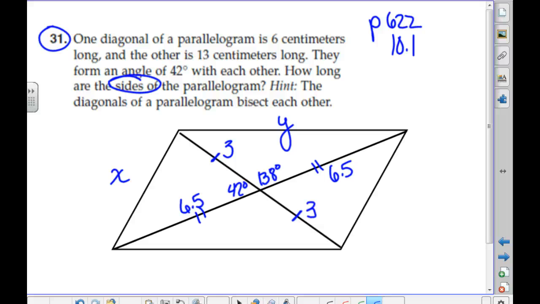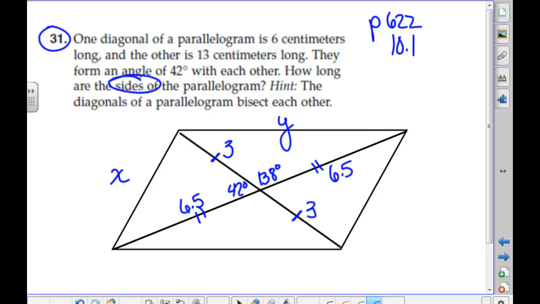No, 138. 138 and 42, I think. SAS here, so law of cosines, right? Yes.